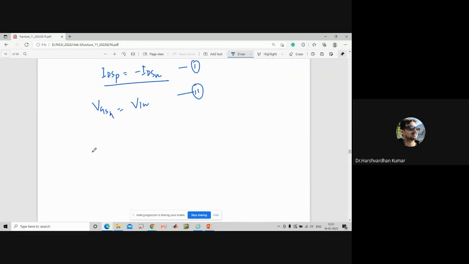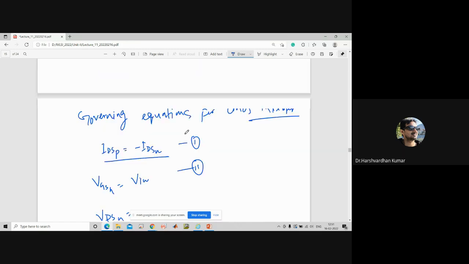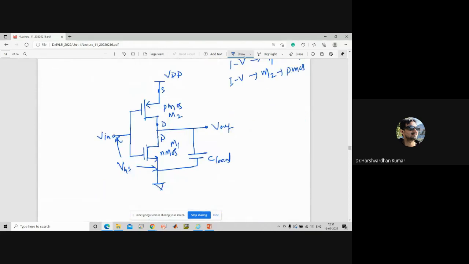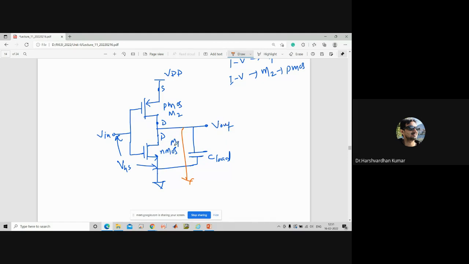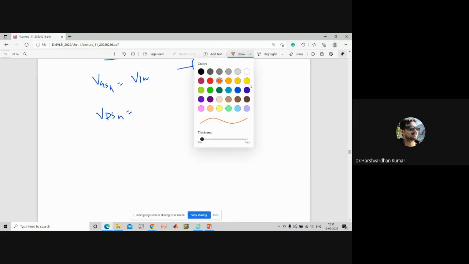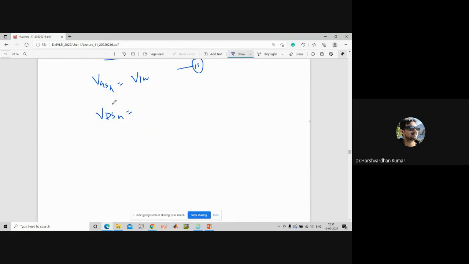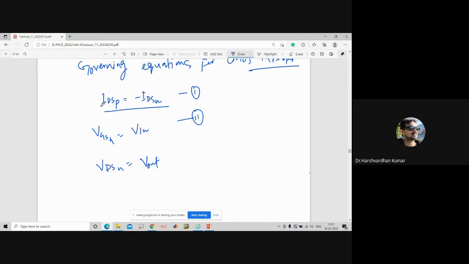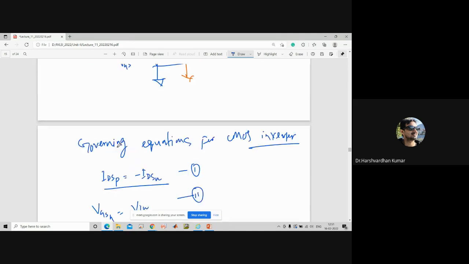Now if you see the drain to source voltage, VDSN, that is the voltage drain to source for the NMOS, then you can easily understand that it is equal to Vout. So VDSN is equal to Vout.